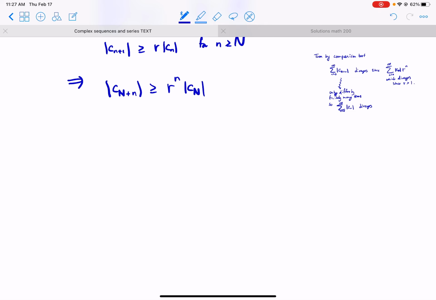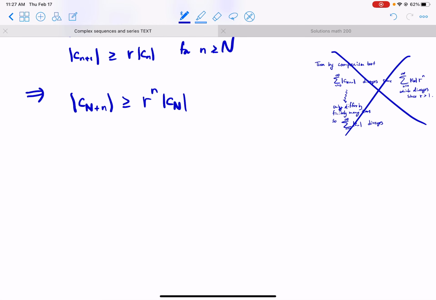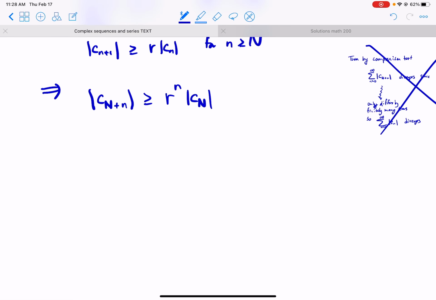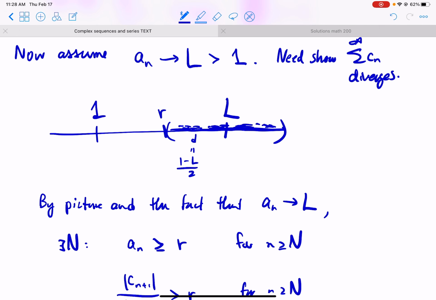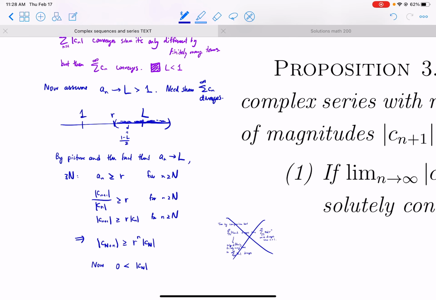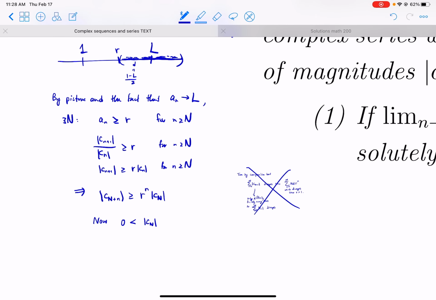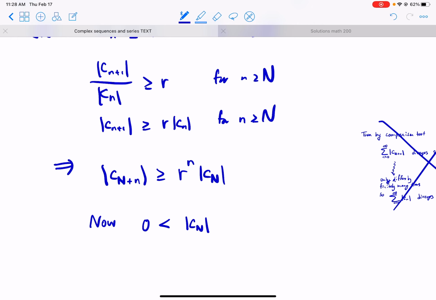So I was wrong. Well, I wasn't wrong. I mean, everything I said was true, but it was not going to help me to prove what I wanted to prove. But this is still going to help. Now, 0 is less than C capital N because, why is C capital N not 0?